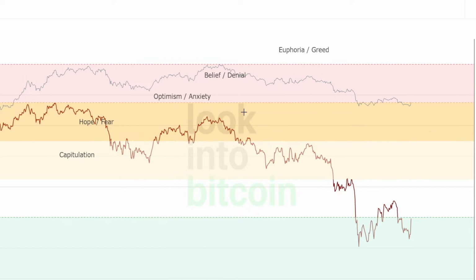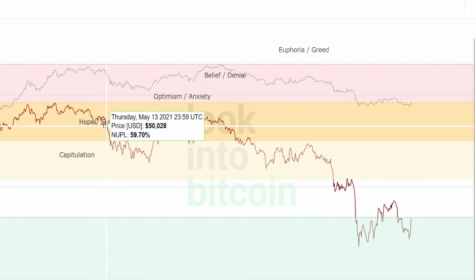If you look at the November time frame, then you can see that about 64% gets you at about $67,000, and that basically was the high for the current bull market cycle. So what you're looking at here is potentially starting at about 60 to 70%, somewhere in that region, and DCAing out within 60 to 70% once you hit this band here, what they call the hope and fear band.